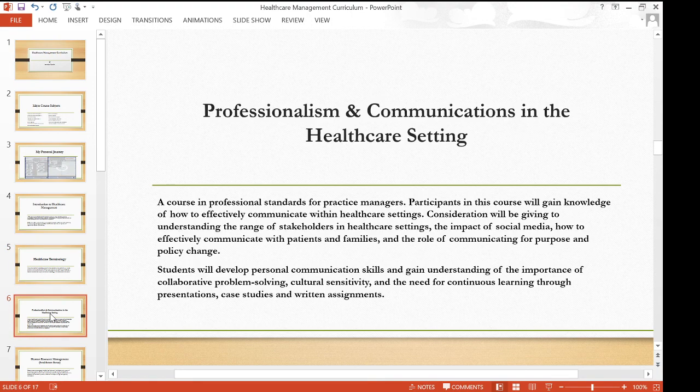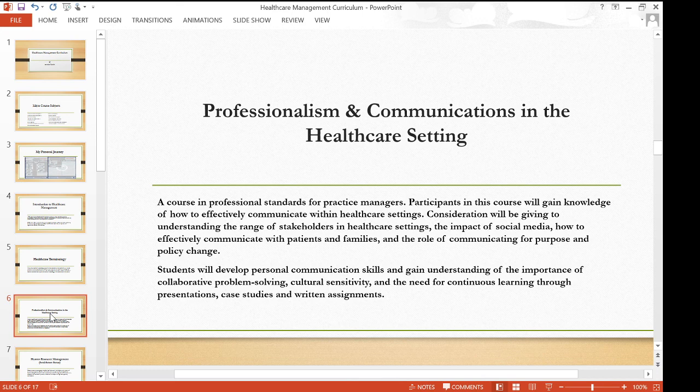The next subject, professionalism and communications in the healthcare setting. A course in professional standards for practice managers. Participants in this course will gain knowledge of how to effectively communicate within healthcare settings.